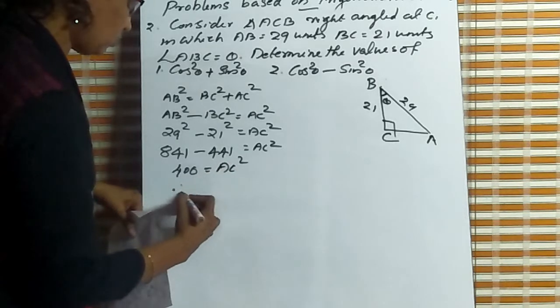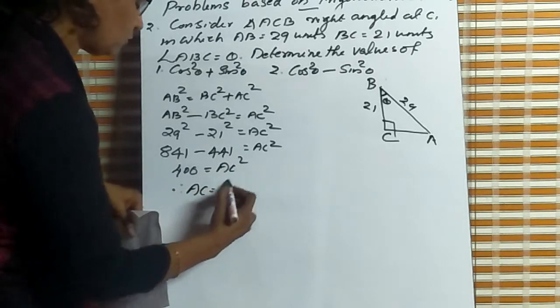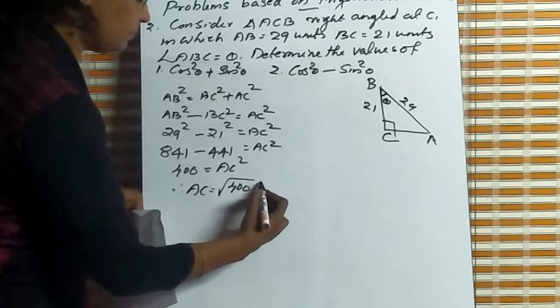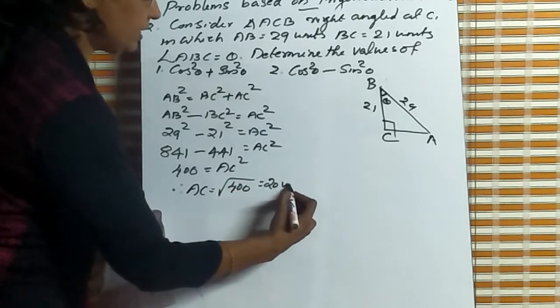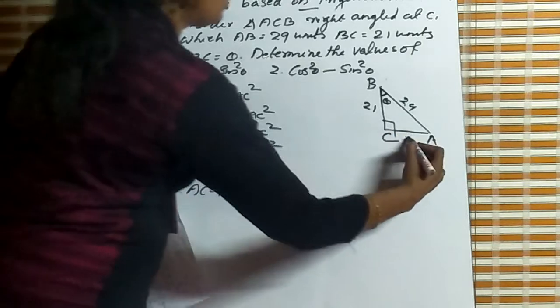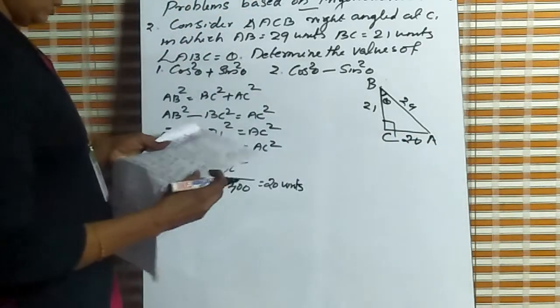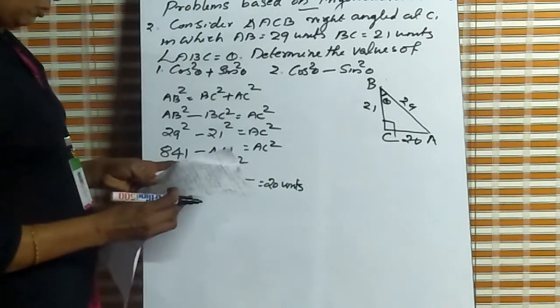Therefore AC is equal to square root of 400, which is 20 units.